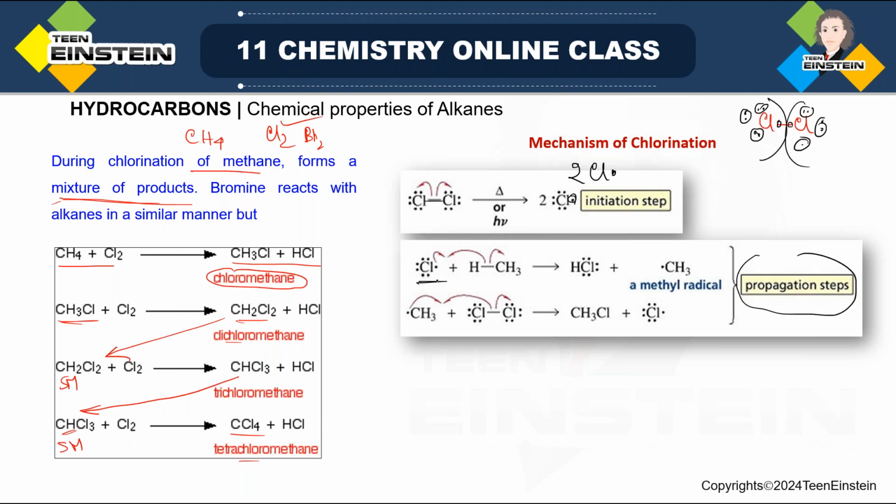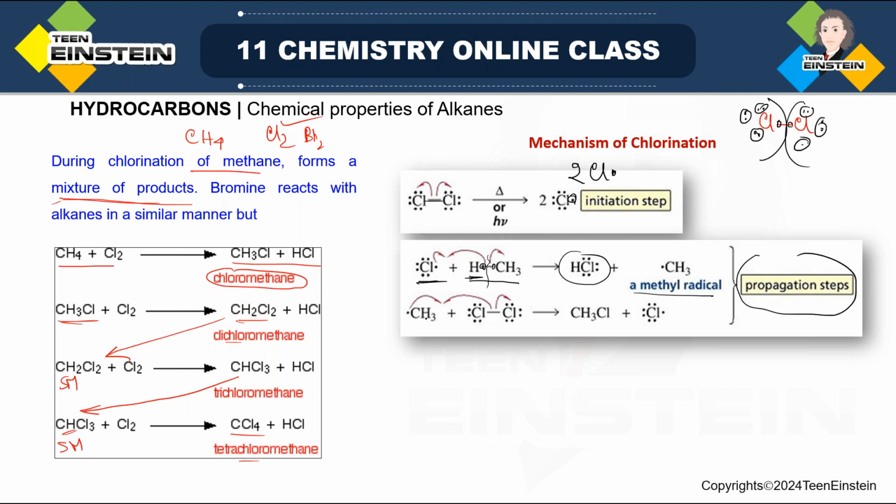So here the Cl dot that we have obtained in the first step will react with methane. This is basically methane. We have written it in this way so that you can understand how homolysis is occurring in the CH bond. So 1 electron for hydrogen, 1 electron for carbon. Now if this H is attached to Cl, you will get HCl as a neutral molecule, and this will be your newly generated carbon radical, CH3 dot.